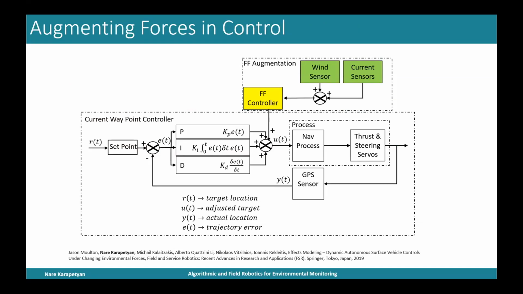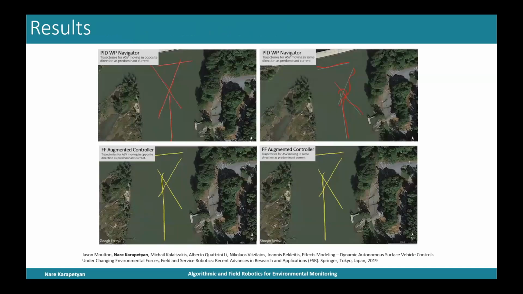Using this Gaussian information, we can perform the PID controller tuning, or we can also do supervised learning to understand what will be the difference between the waypoint that we have given and the resulting waypoint that the robot has traveled. And this way we can tune our controller. With that augmentation, you can see that in the first case, we have the controller without the tuning from our augmentation.